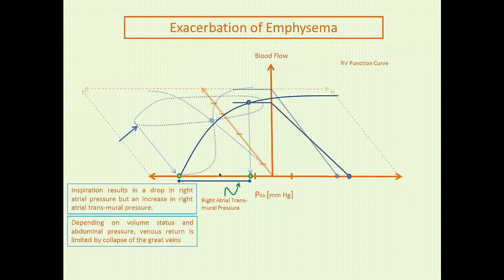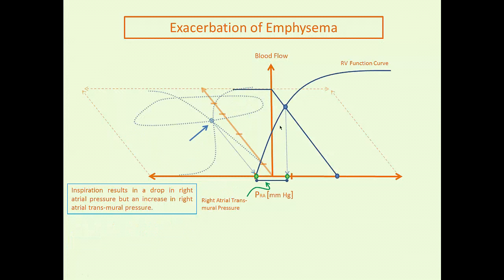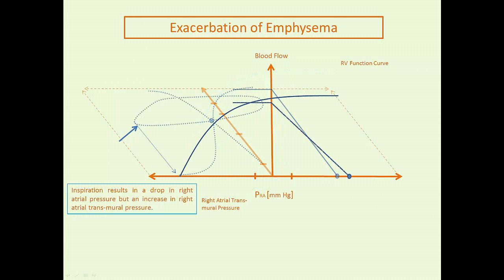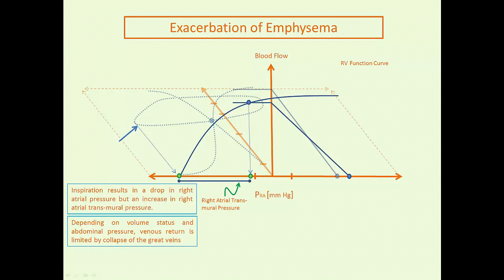So that's what happens to the cardiac function curves. It shifts leftwards, but also what you can see is that the slope of the curve has changed. So why does the slope of the curve change? Well, when you inspire, lung volume increases. And in patients with COPD, emphysema, the lung volume can increase to a great degree.